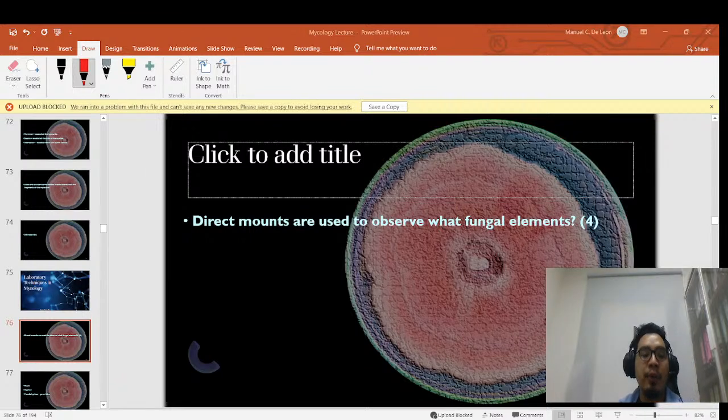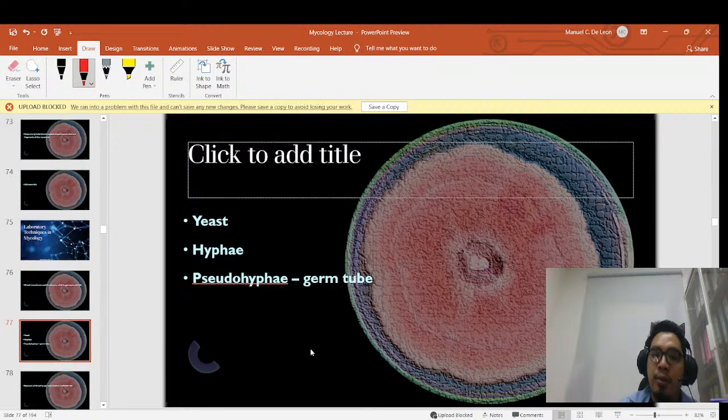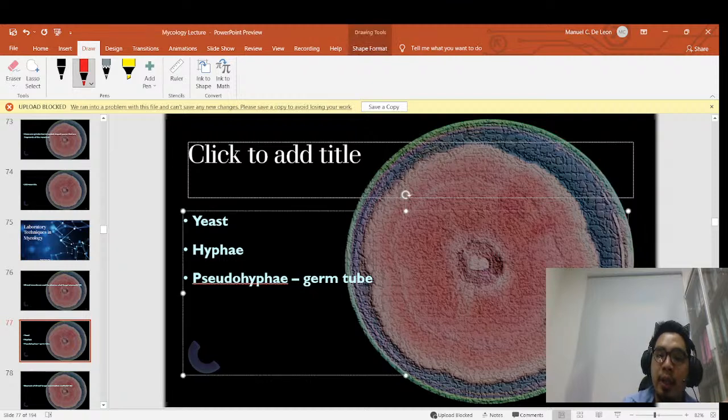So hyphae is one of them. The yeast forms are also seen in the microscope, as well as the other stuff. So what are the other stuff that I'm talking about? This is the other stuff: the pseudohyphae, also known as the germ tube, and the conidia. All right, what are the conidia?